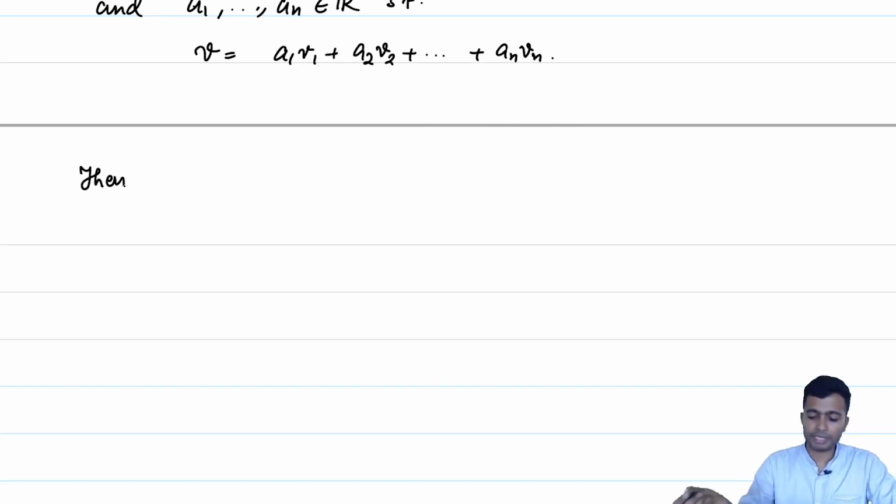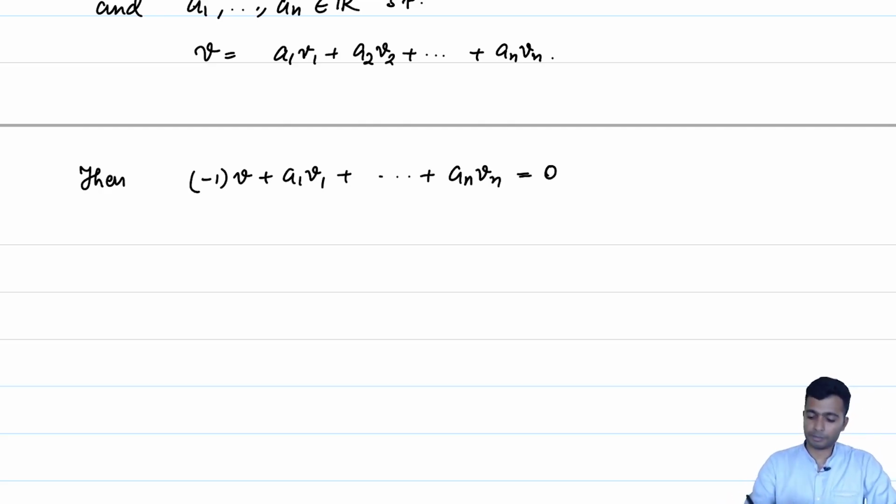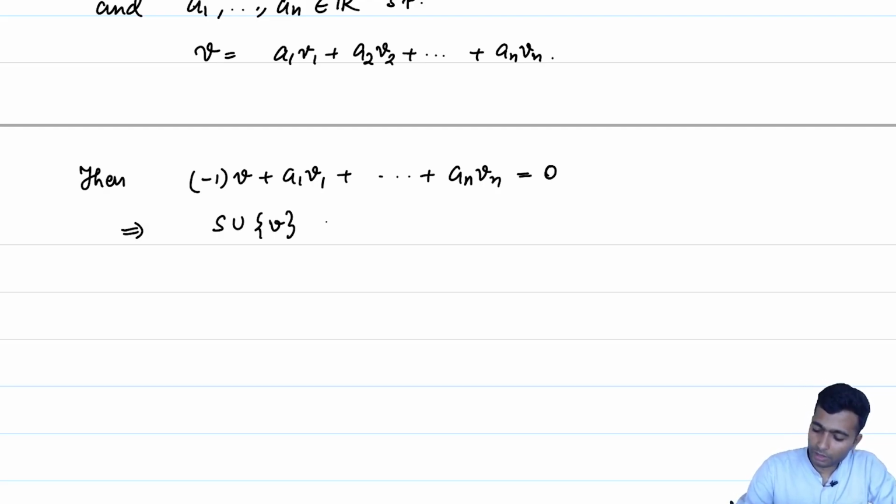Then, by adding the additive inverse of V, we can write minus 1 times V plus A1 V1 plus A2 V2 up to An Vn is the 0 vector. But that implies that, you notice that V is not one of V1, V2 up to Vn because V is not an element of S, and therefore S union V is linearly dependent.